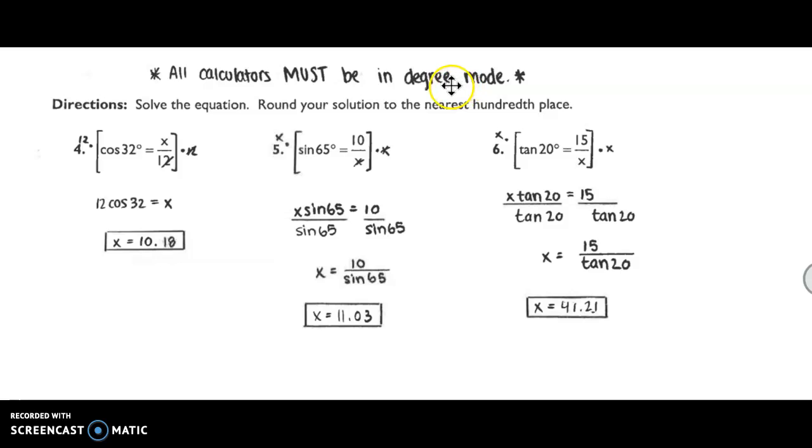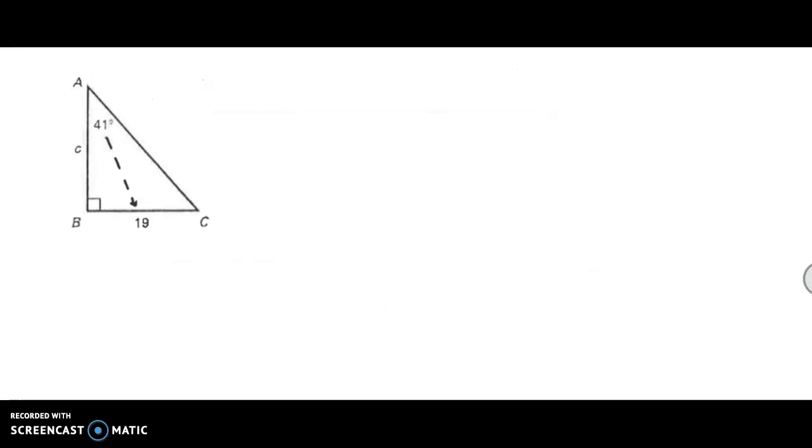So if you're using a graphing calculator or just any calculator, make sure when you go to mode that it is in degrees, okay? So here, this one, I thought I would go over it with you, okay? You are asked to solve for side C, all right, from 41. Now, since we know a triangle adds up to 180, we can technically figure out what this angle is, and I might do that after this example, okay?